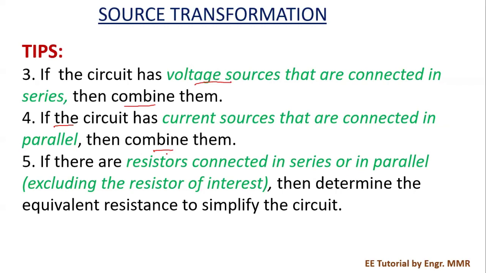In adding the current sources, we let the upward current source be positive and the downward current source be negative. And the fifth tip is, if there are resistors that are connected in series or in parallel, excluding the resistor of interest, then we have to determine the equivalent resistance in order to simplify the circuit.